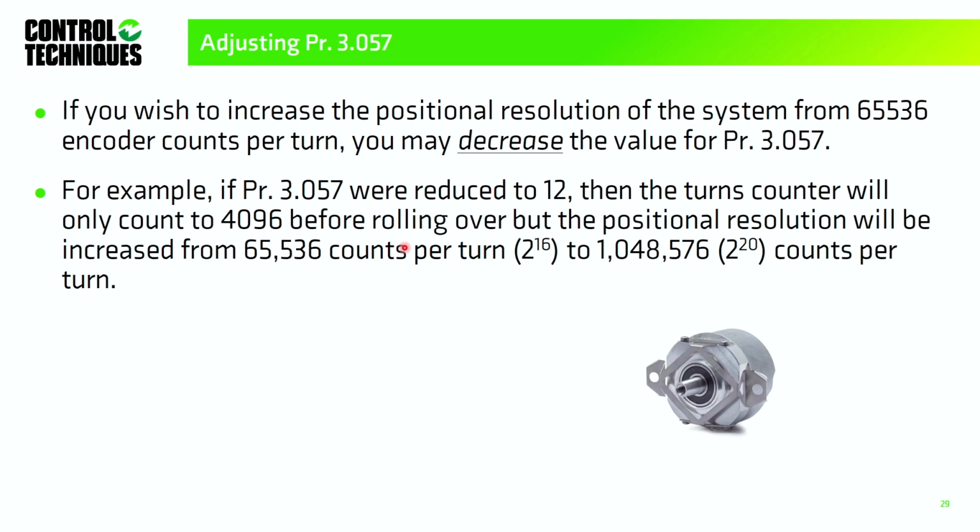So I use those remaining 4 bits of my turns counter as part of the position counter now. And now instead of 65,536, I can increase the resolution to 1,048,576. And there are applications that do require things like this. For the vast majority of them, leaving it alone is fine. But know that you can change that if you would like to.